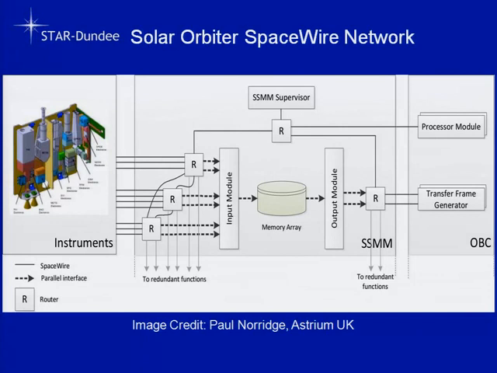So there's an input module, then the memory array itself, an output module, another SpaceWire router, and then it goes out to the transfer frame generator for sending down to ground. There's a supervisor and processor module which basically controls the operation of everything, including the memory. This is all cross-strapped to a redundant set of equipment which looks identical.